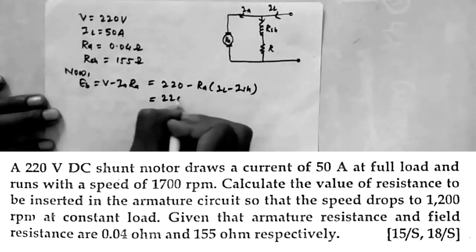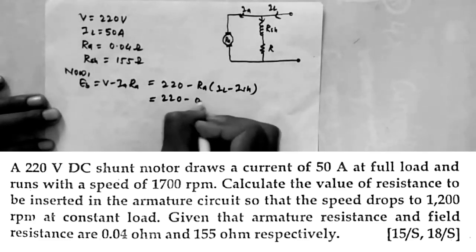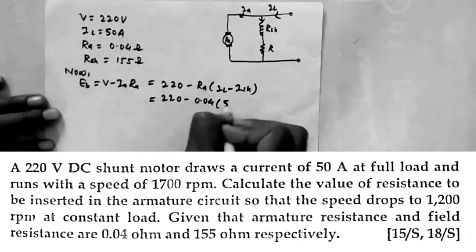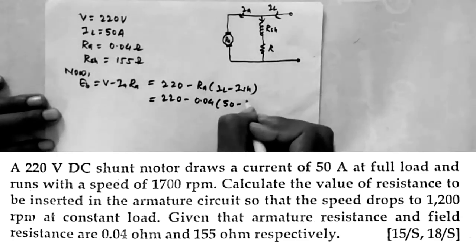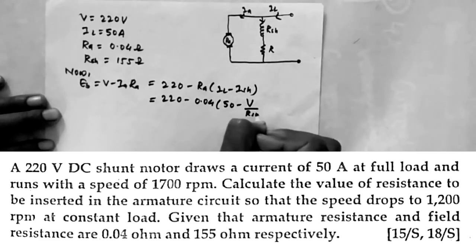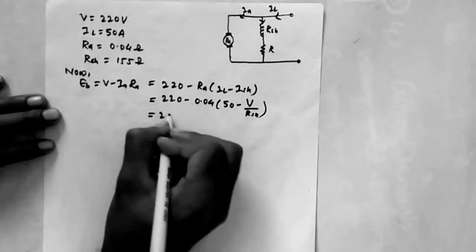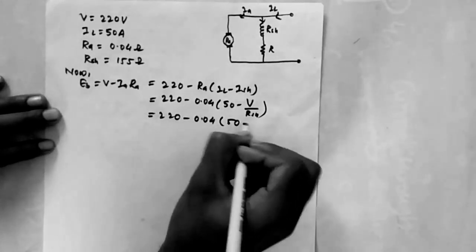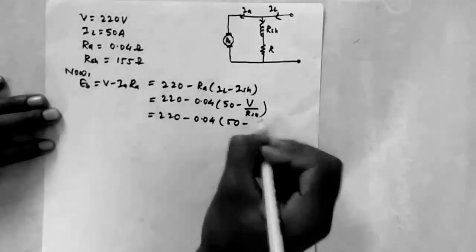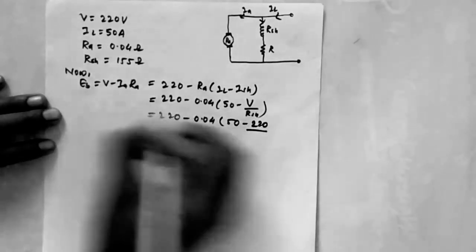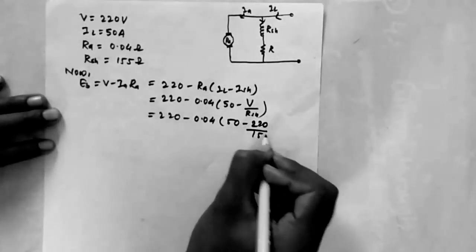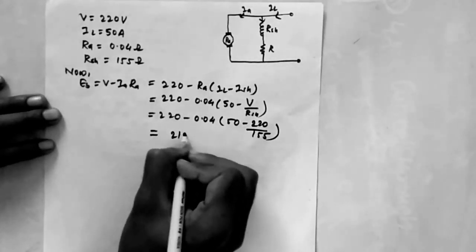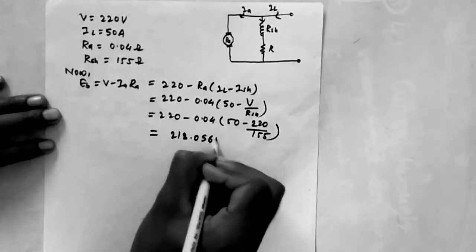So we have 220 minus 0.04 into (50 minus ISH), and ISH is equal to V upon RSH. So 220 minus 0.04 into (50 minus 220 upon 155). If you solve this, you will get 218.056 volt.